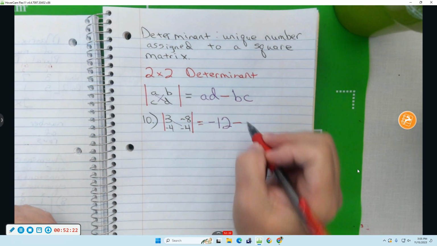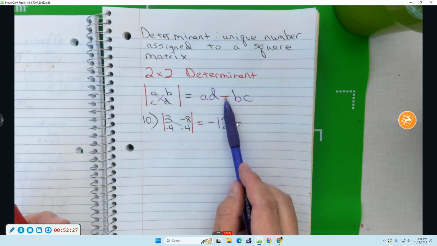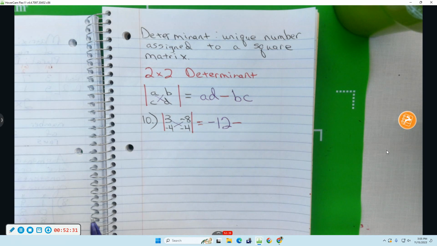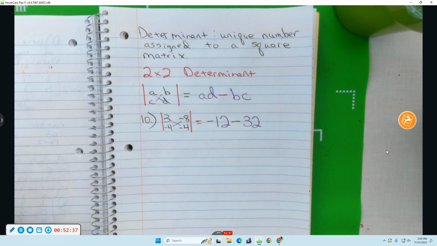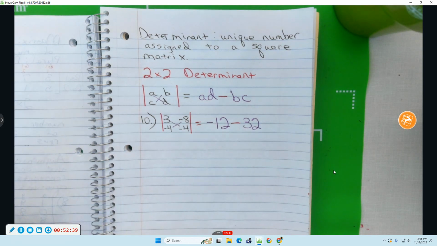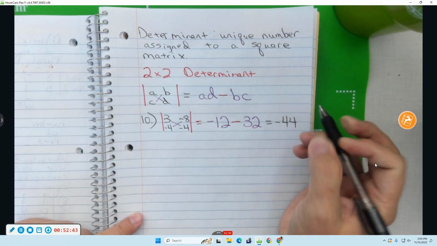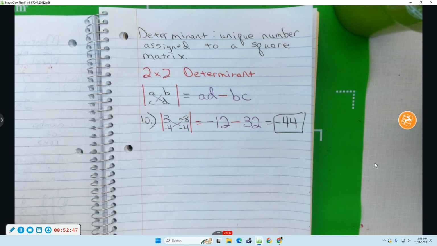Minus. That minus is the minus from the formula. Negative 8 times negative 4 gives me a positive 32. Negative 12 minus 32 is negative 44. So the determinant for that matrix is negative 44.